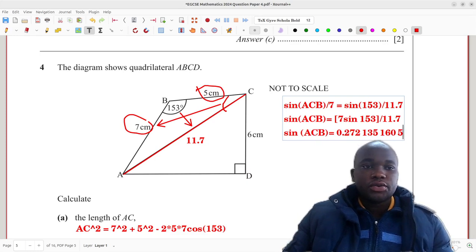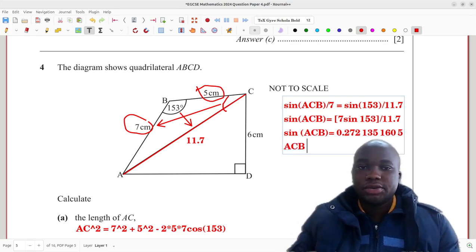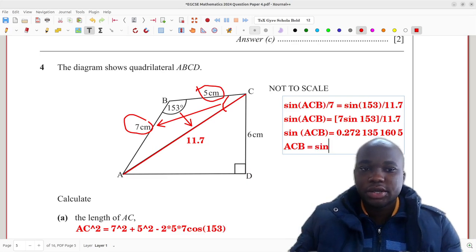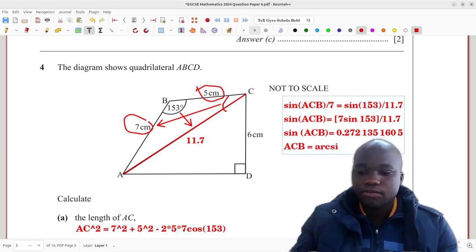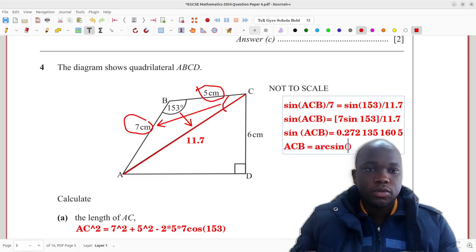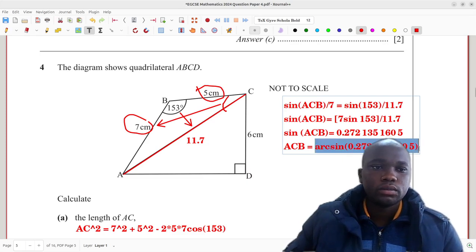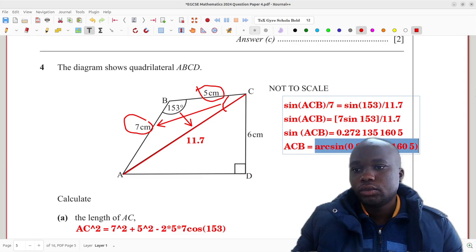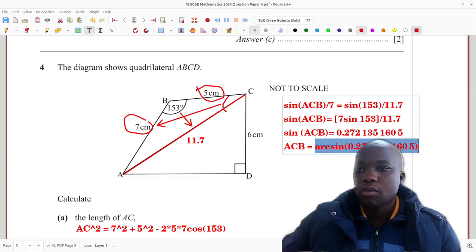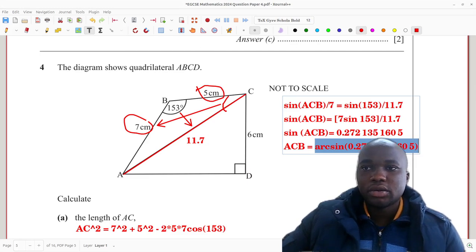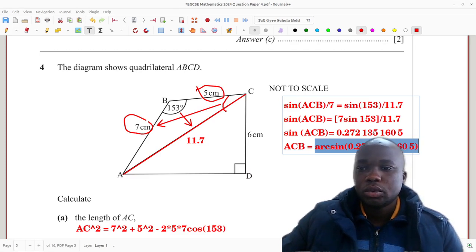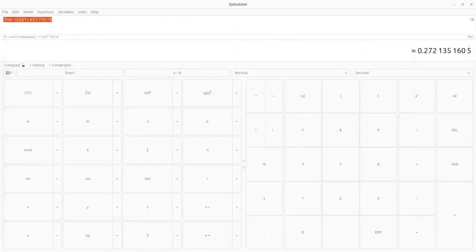Sine ACB is equal to 0.272. Then ACB will be equal to the arcsine. Let me write arcsine in words, let me bring in my calculator. There you go.